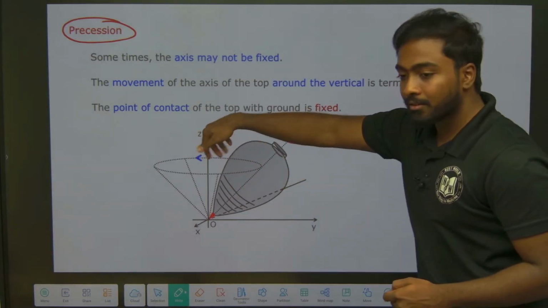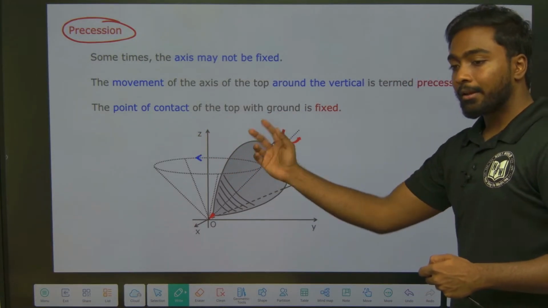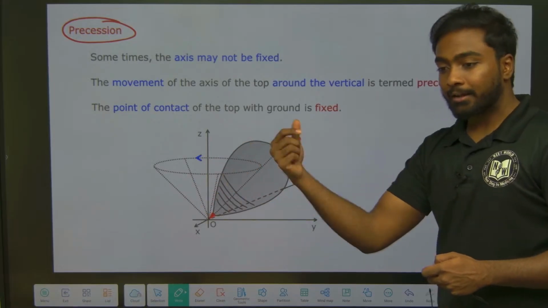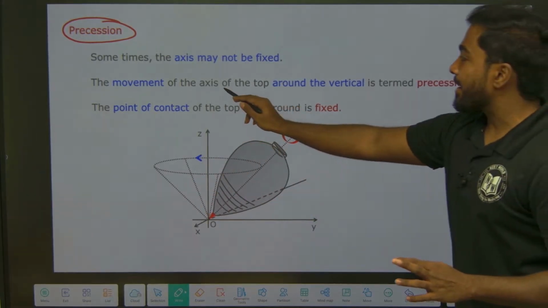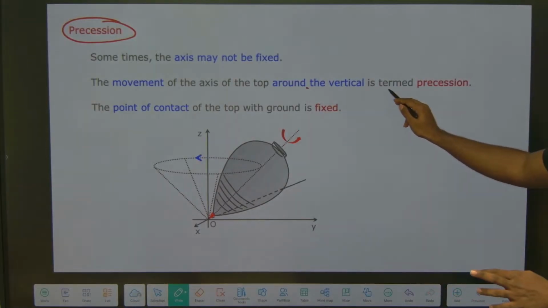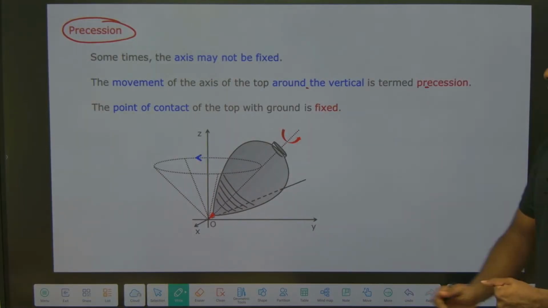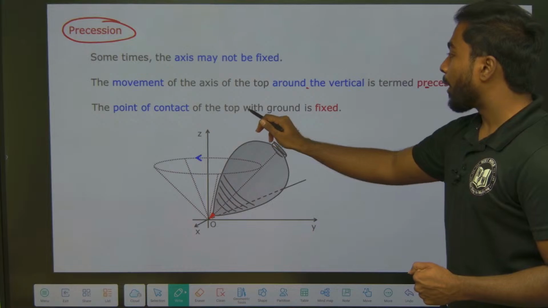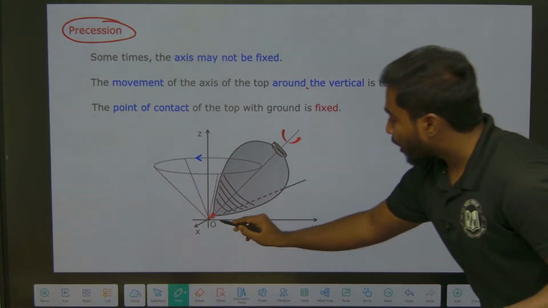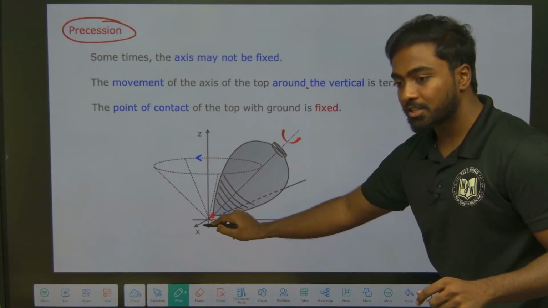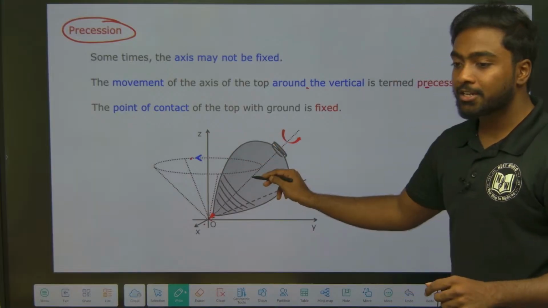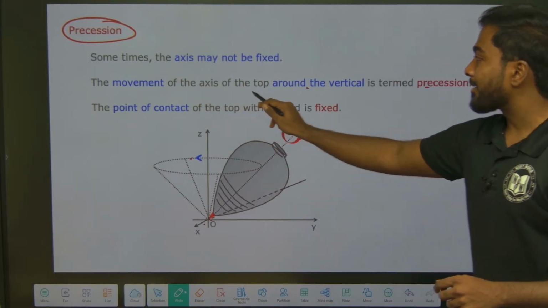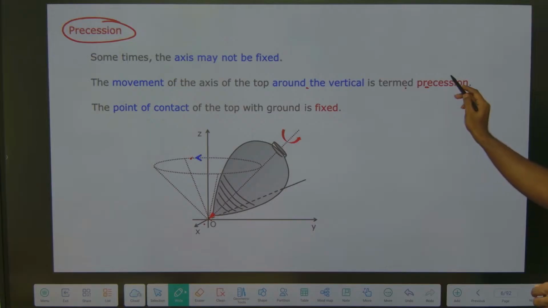Sometimes it rotates in this manner, or sometimes it rotates in a bent manner. So the movement of the axis of the top around the vertical is termed precession. The point of contact of the top with the ground is fixed, but the axis might change. The movement of the axis of the top around the vertical is termed precession.